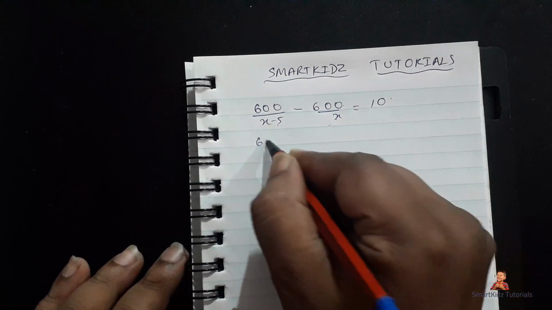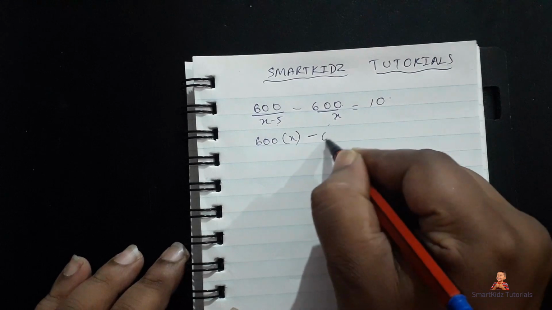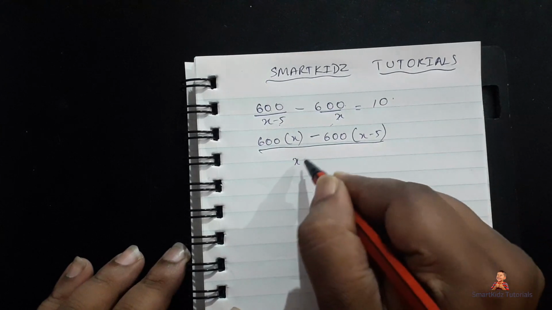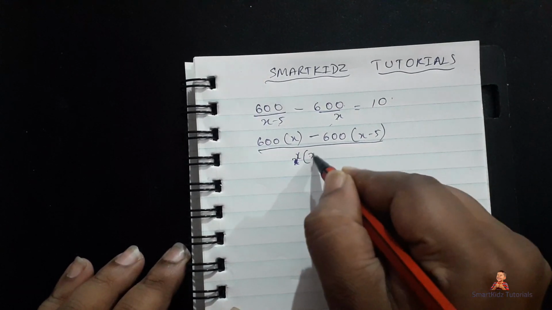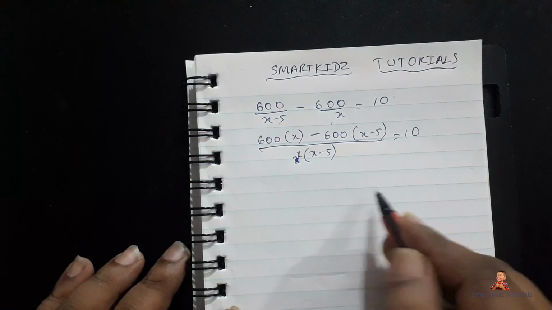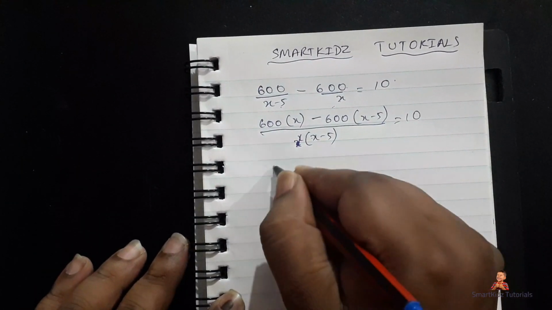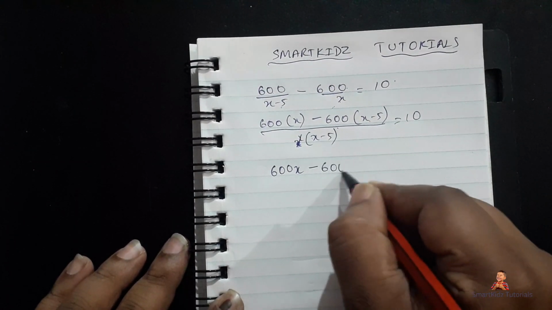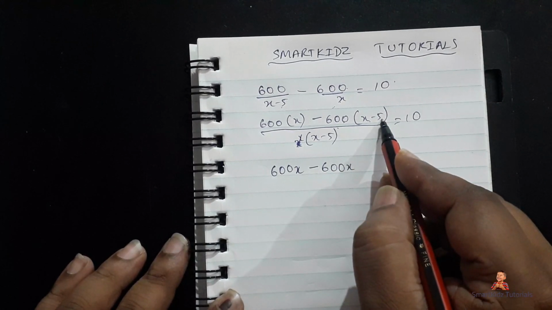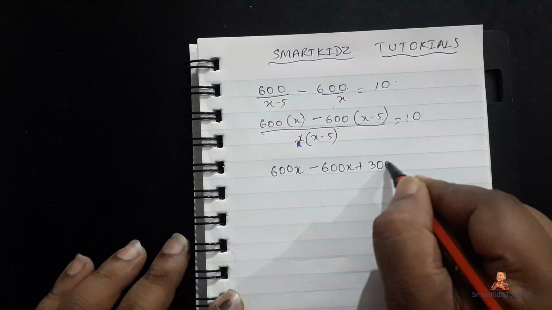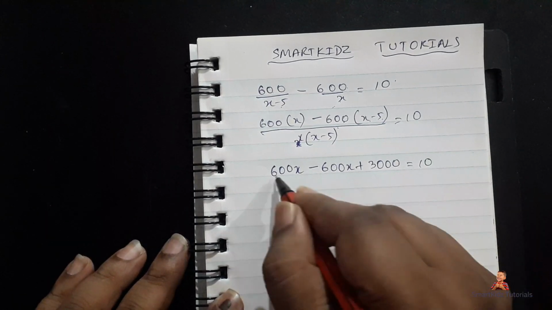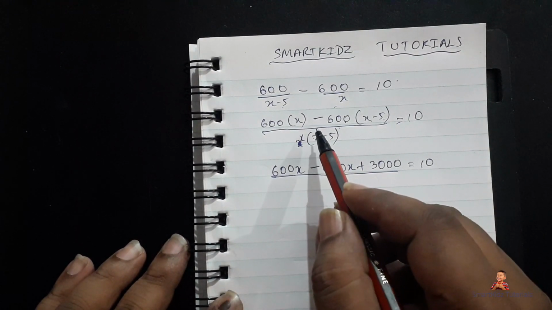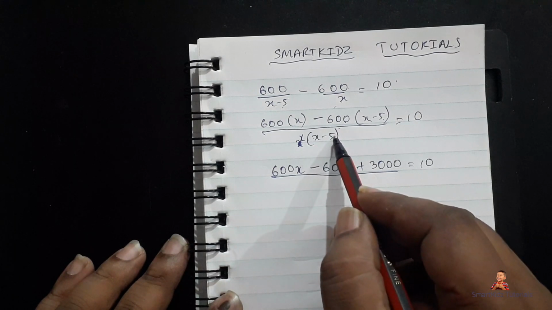Okay, so 600 into x minus 600 into x minus 5, whole thing upon x into x minus 5 equal to 10. 600 into x will give us 600x, minus 600 into x gives minus 600x, minus 600 into minus 5 will give positive 3000, equal to 10, and this part will hold, the denominator is there, which is x into x minus 5.